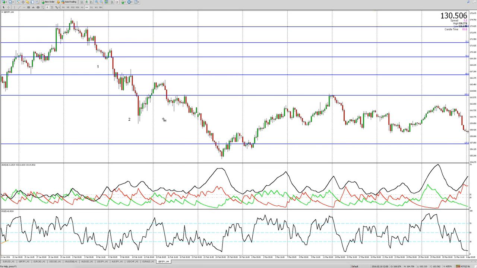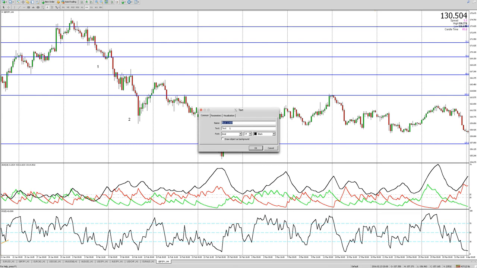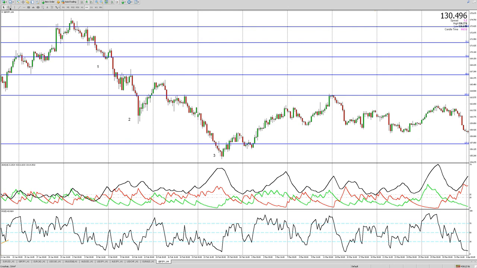This is 2, all consolidation. Here's your 3. Right here's your ugly double bottom, and the market does shoot up. Refer to levels and divergence for that.